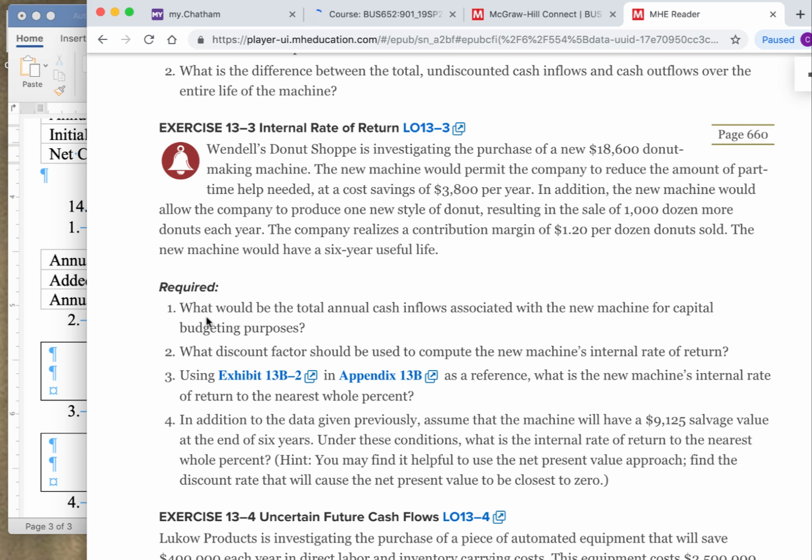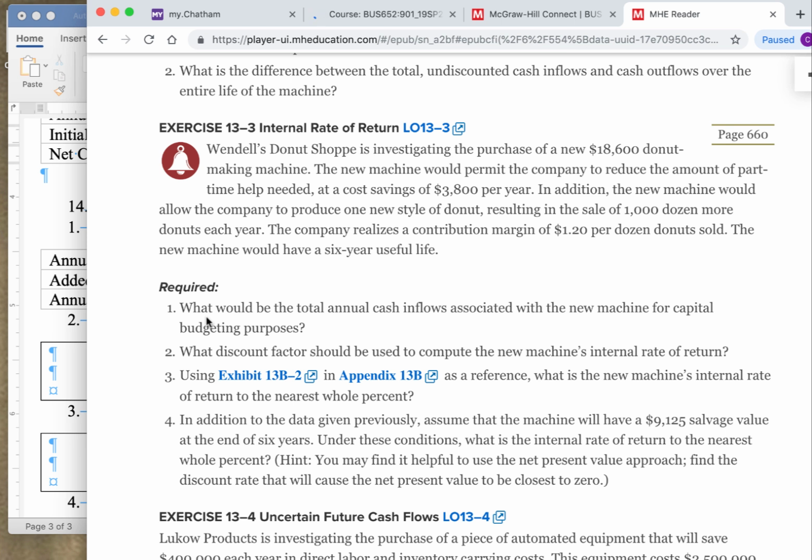They also tell us that, in addition, this new machine would allow the company to produce one new style of donut. That new style of donut results in sales of 1,000 dozen more donuts each year. The company realizes a contribution margin of $1.20 per dozen donuts sold. The new machine has a 6-year useful life.